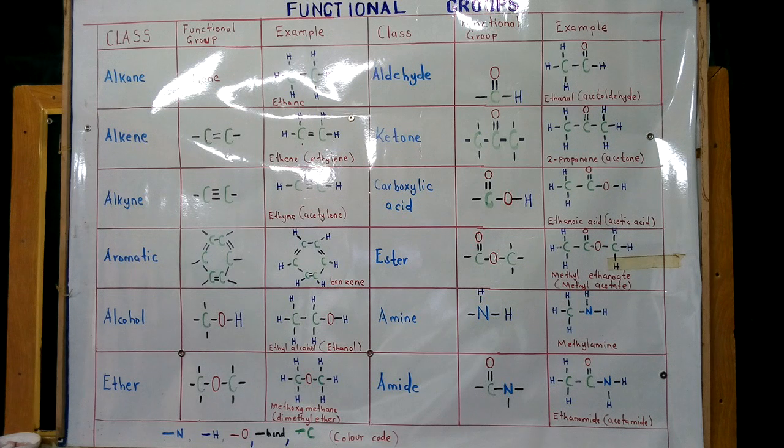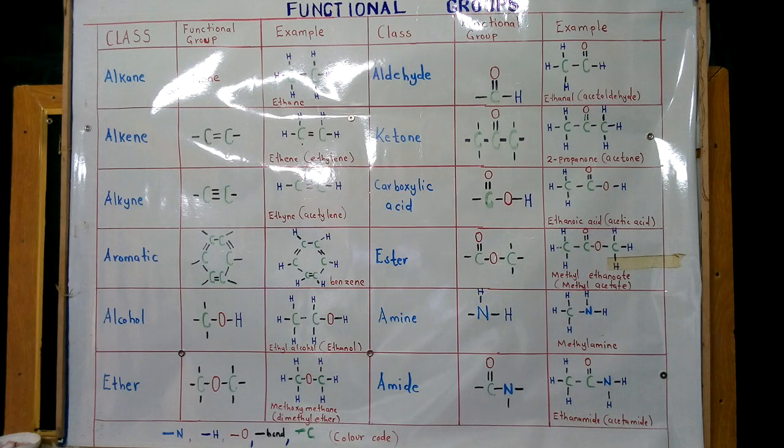This is a range of functional groups that we have already discussed in various aspects, especially dealing with nomenclature. But for today, we were just going to look at a summary of it, so that in any case we need to remind ourselves, it will be important for us to come back to these videos and see which class of organic compounds we are dealing with, and how its functional groups have influenced a reaction in one way or another.